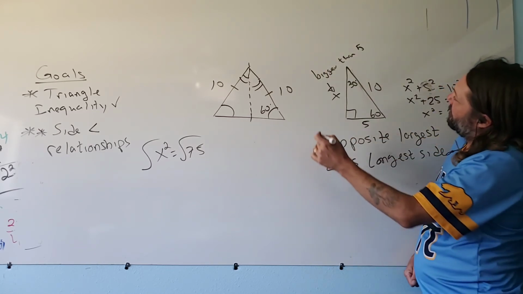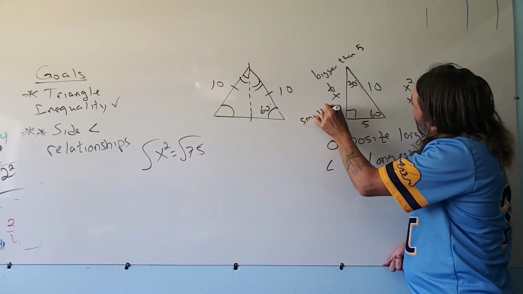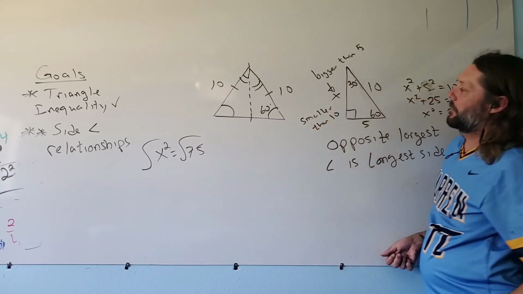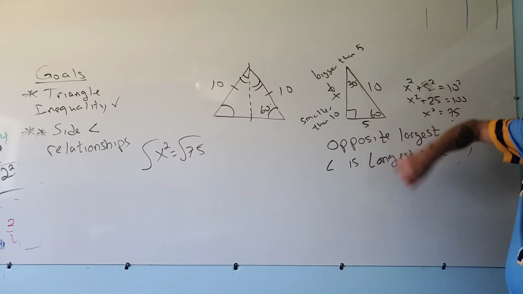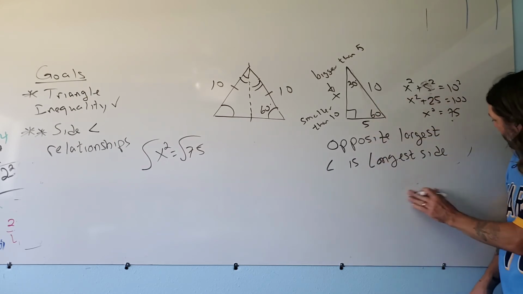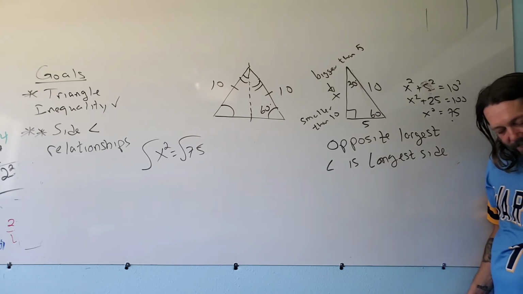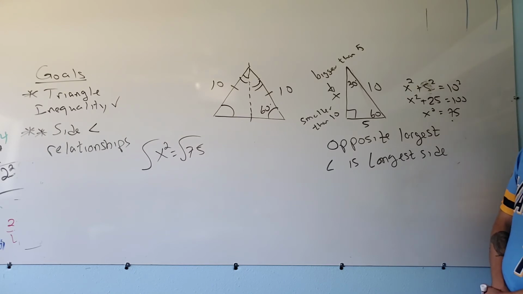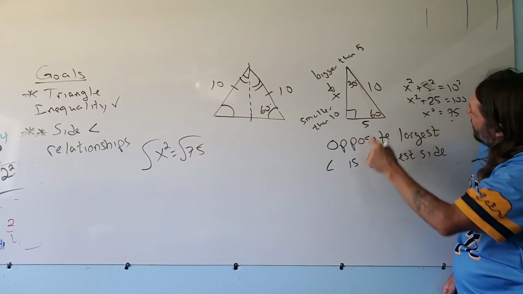But it's also smaller than 10. Okay, so it's longer than 5, it's smaller than 10, and the reason why I want to make that distinction and that calculation is because notice opposite the smallest angle is the shortest side.